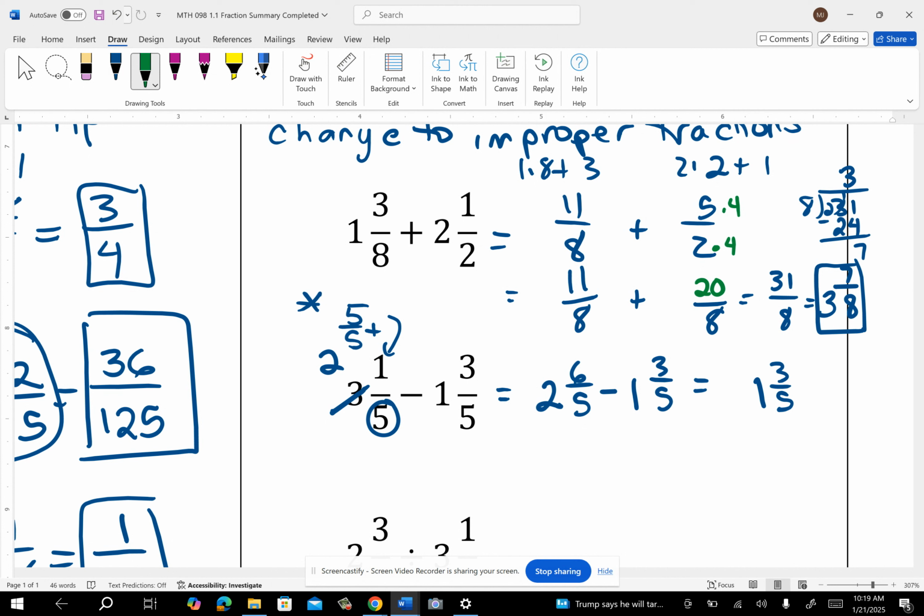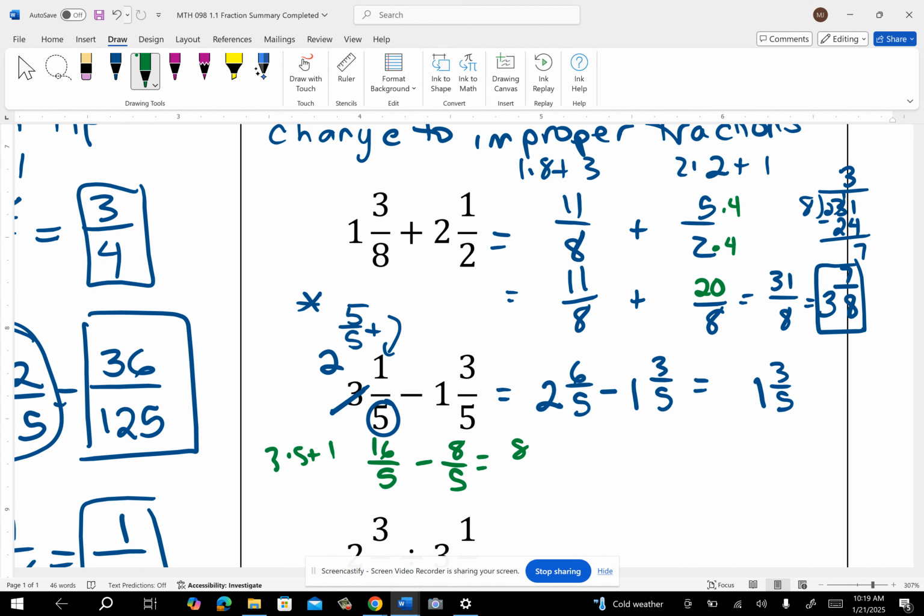Okay? All right, now, another way to do it is to just rewrite 3 and 1/5. So 3 times 5 plus 1 would be 16/5. Then 1 times 5 is 5 plus 3 is 8. So that would be 16/5 minus 8/5. They are like fractions, so we don't have to do the common denominators like we did in the previous problem.